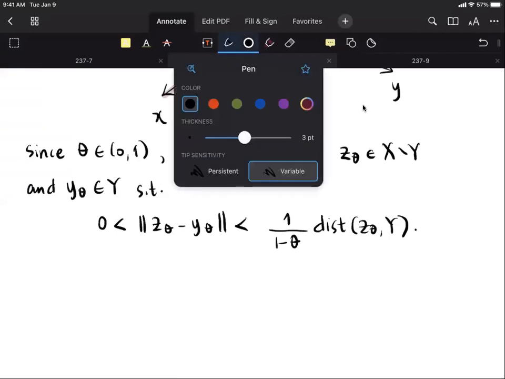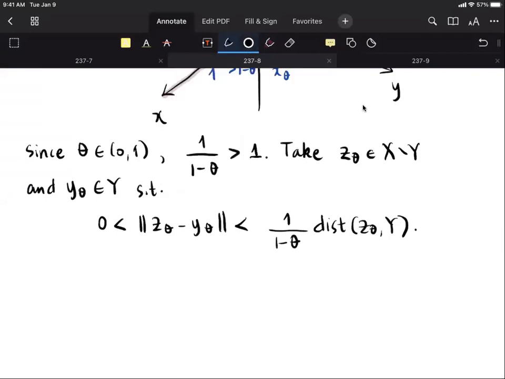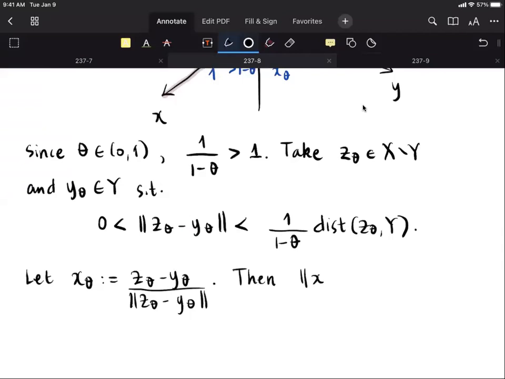So there's no reason that z theta has norm 1. What we can do is pick x theta to be this difference divided by its norm. So we normalize the difference, and obviously now this one has norm equal to 1.